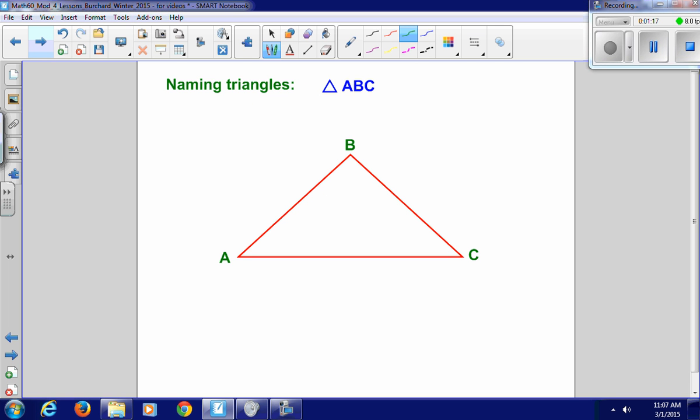We do the same kind of thing when we're naming triangles. This was angle A because the A was next to that vertex. Then we put a B here and a C here. And then the triangle becomes triangle ABC. So when you see this, you're reading triangle ABC, and you know it's a triangle with vertices A, B, and C.